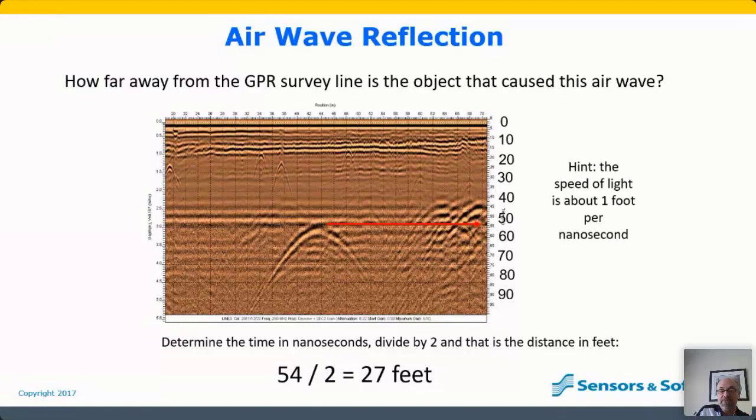The reason you divide by 2 is because the energy has to leave your GPR, go out, reflect from that object in air, and then come back. So it's actually going the distance twice. So you have to divide by 2 to get the right answer. If I stood at this point on my GPR line and I look 27 feet away, there's going to be something in some direction. Could be above my head, could be off to the side, but it's going to be there.